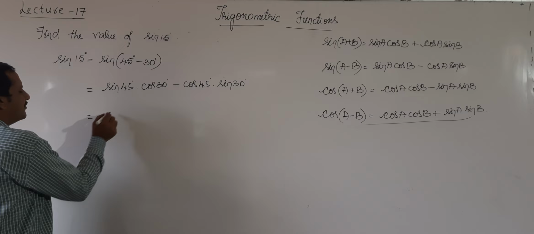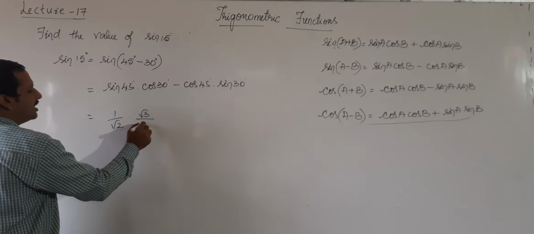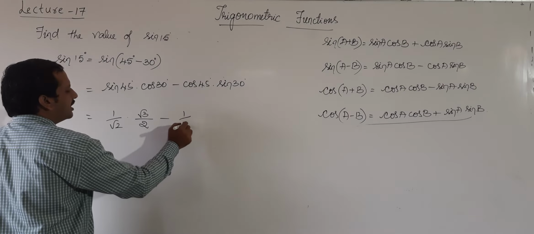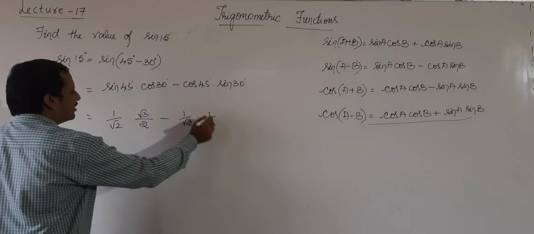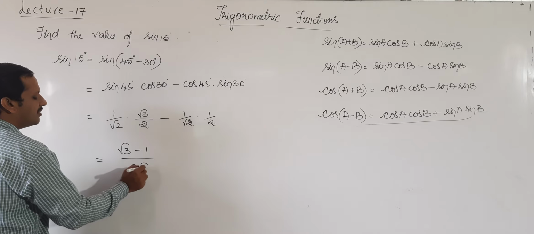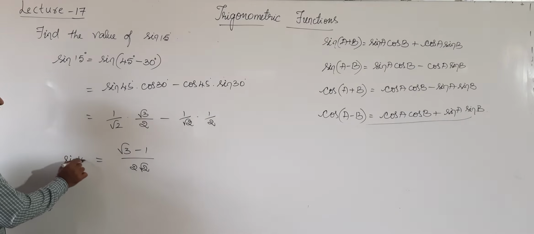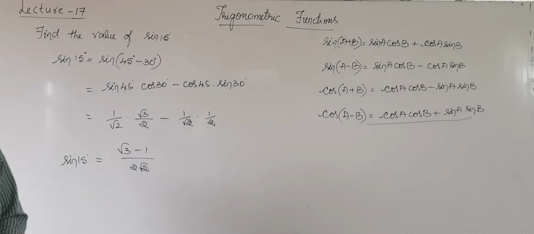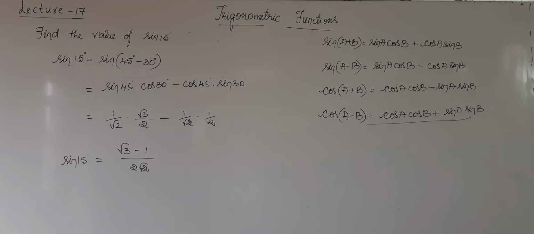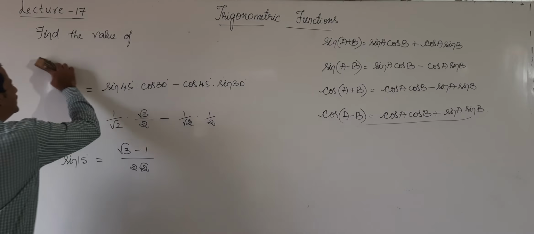That is equal to sin 45 is 1 by root 2, cos 30 is root 3 by 2, minus cos 45 degree is 1 by root 2, sin 30 is 1 by 2. After simplification, we can write this as root 3 minus 1 divided by 2 root 2. This is the value of sin 15 degree. Sin 15 degree is equal to root 3 minus 1 by 2 root 2.